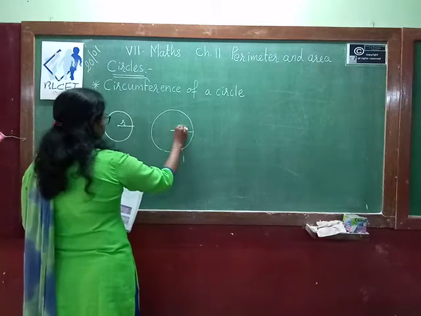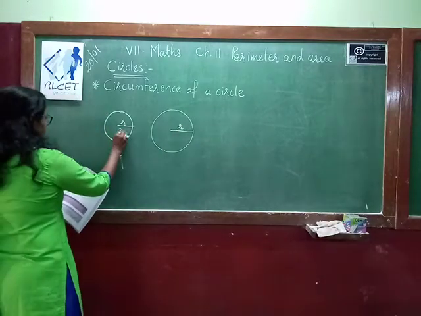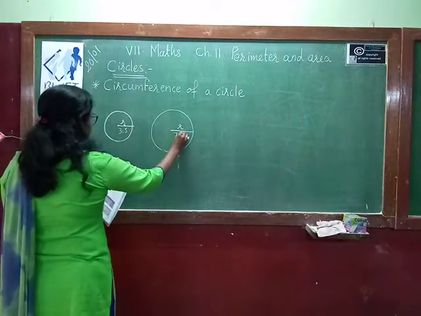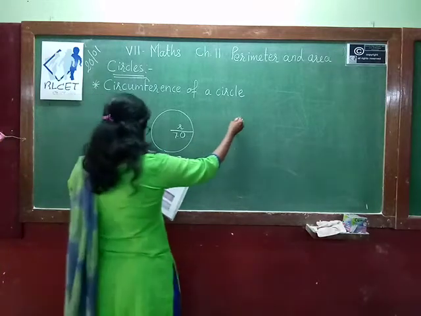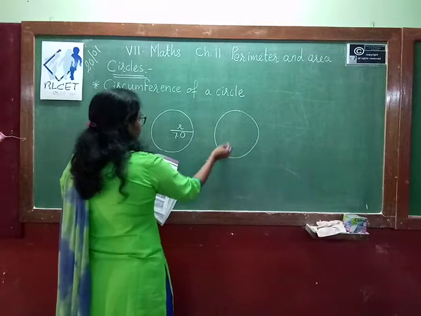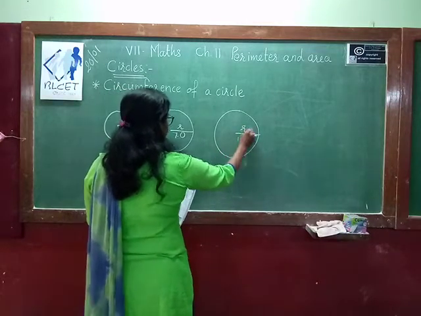With different radius. Suppose here the radius is 3.5 centimeter. Here the radius is double. Now the radius is a little bit more, that is 10.5, and so on.